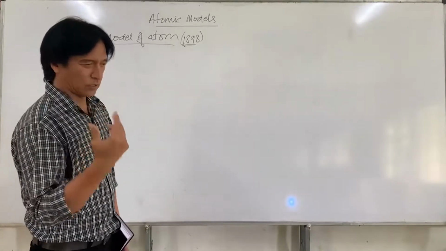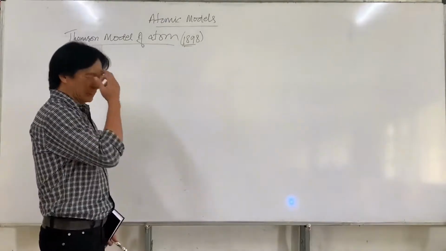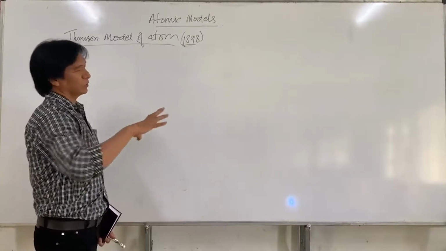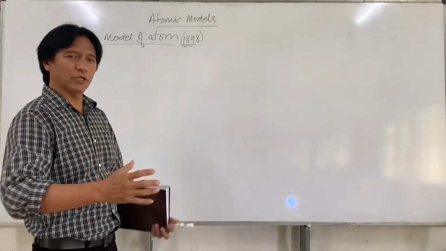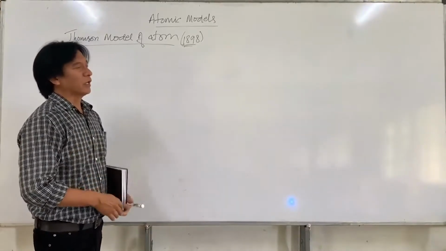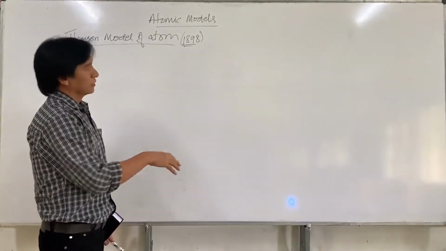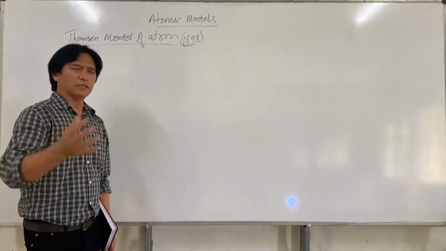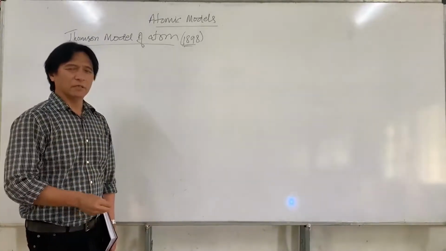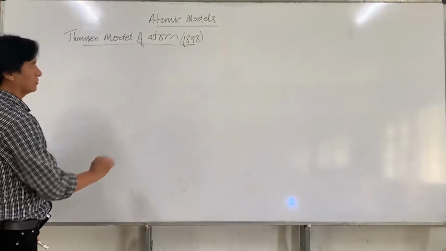This was the structure proposed by Thomson. So you see that J.J. Thomson said that an atom possesses, or it has a spherical shape in which the positively charged protons are distributed uniformly, and then the negatively charged electrons are embedded into the positive charge in such a manner, I should say, so as to give the most stable electrostatic arrangement to the atom.